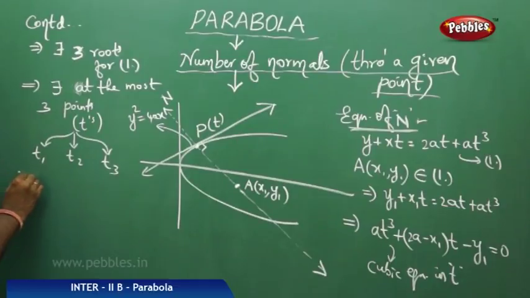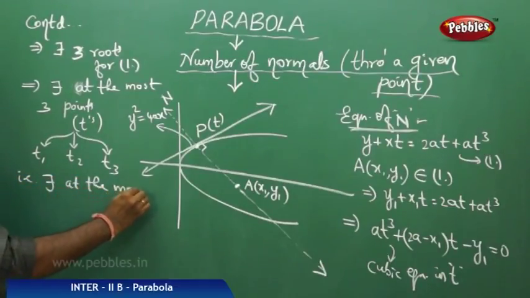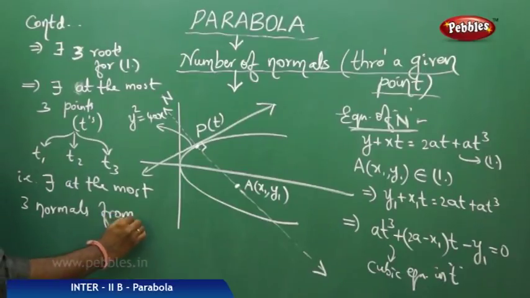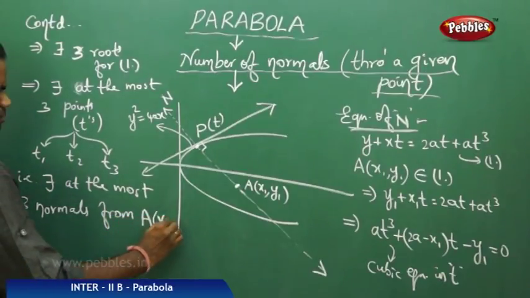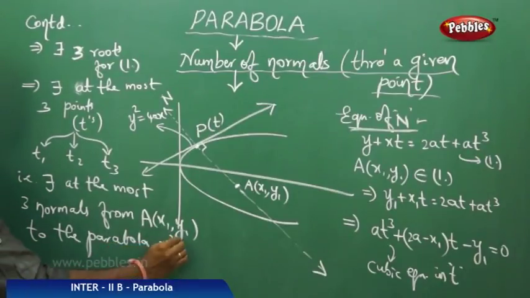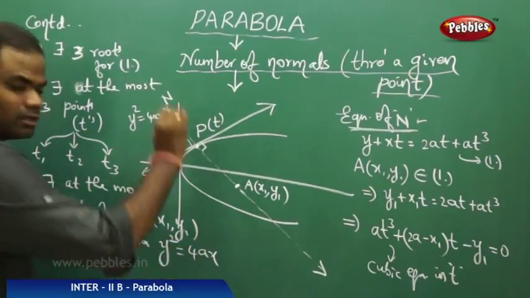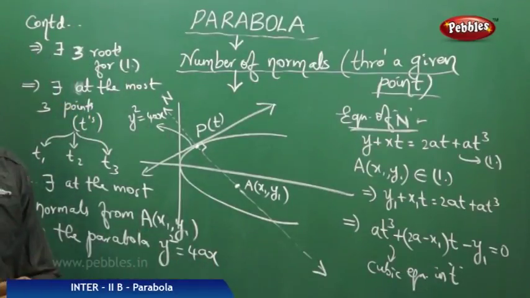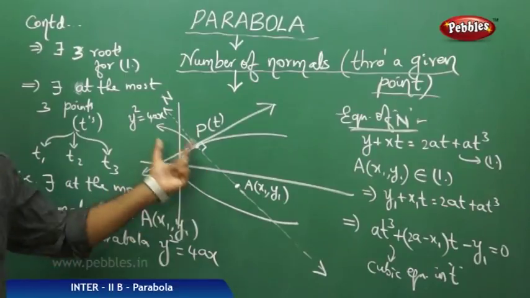That is, there exist at the most 3 normals from (x1, y1) to the parabola y square equals 4ax. So at the most there are 3 normals from here (x1, y1) to this.